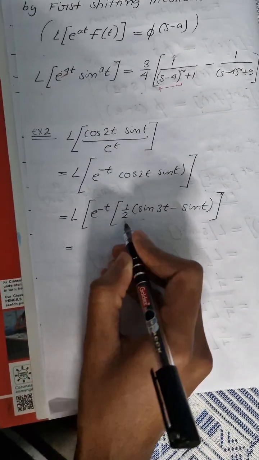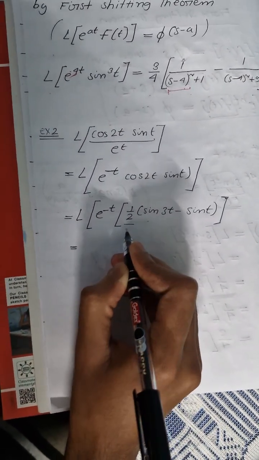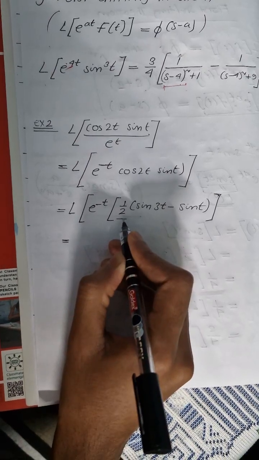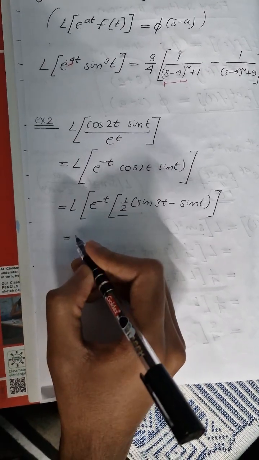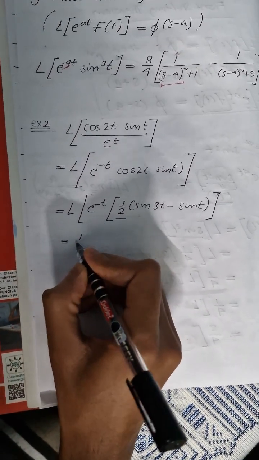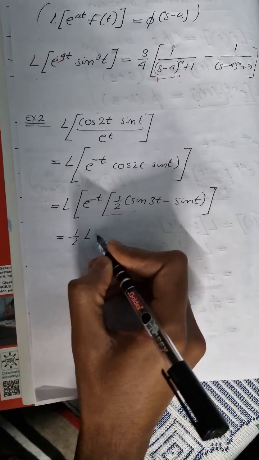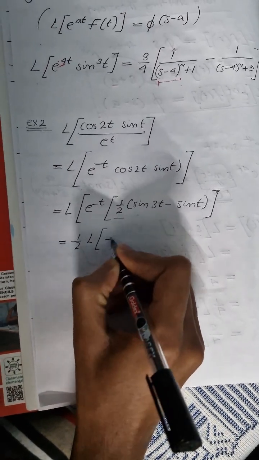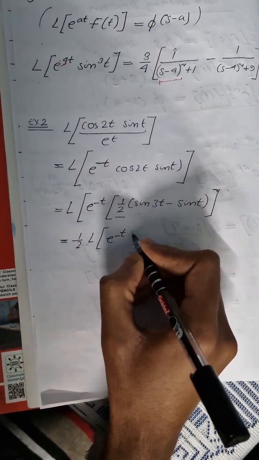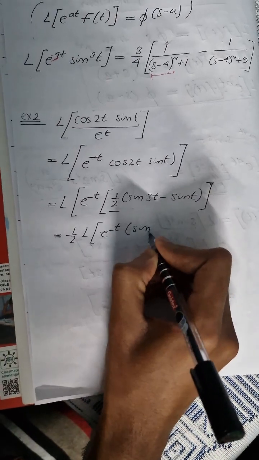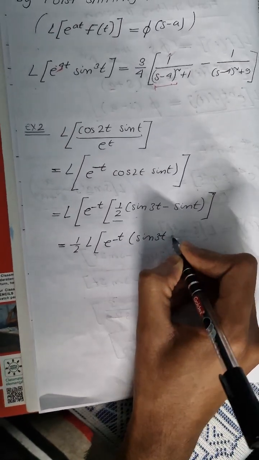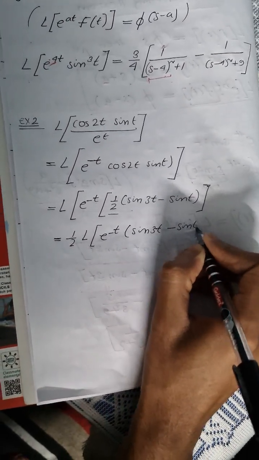Now 1 by 2 here is a constant, so we bring this out of the bracket. Now 1 by 2 of Laplace of e to the power minus t, exactly the same, times sin 3t minus sin t.